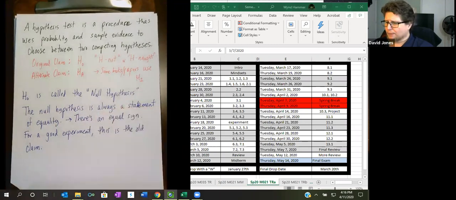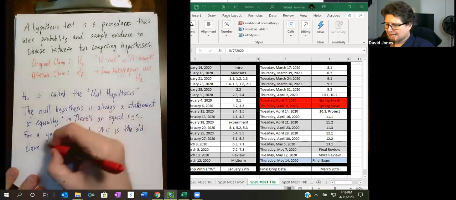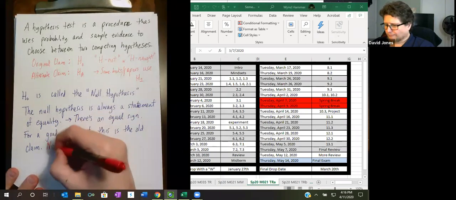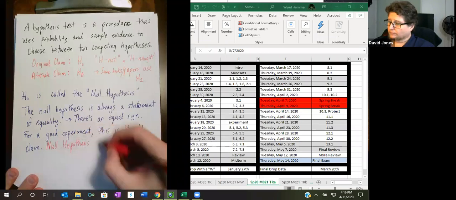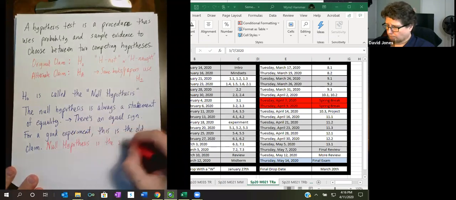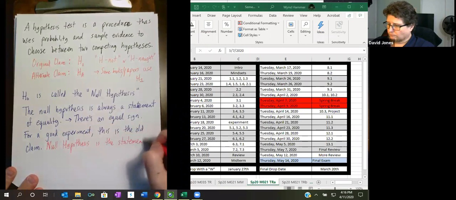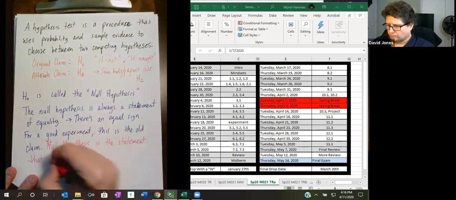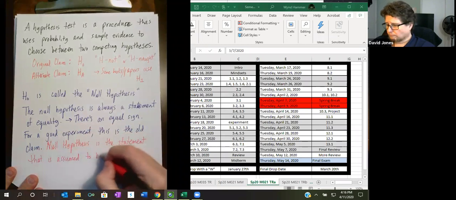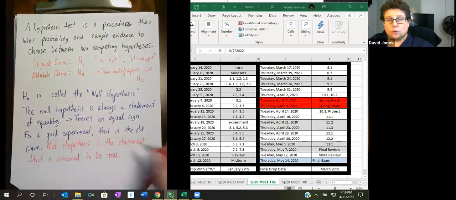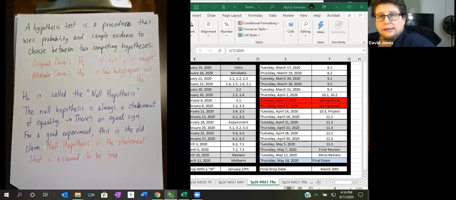And the null hypothesis is the statement that is assumed to be true. And that's why it's usually the old claim. The old claim is someone has done an experiment or sampled, there's reason to believe it's a specific amount.